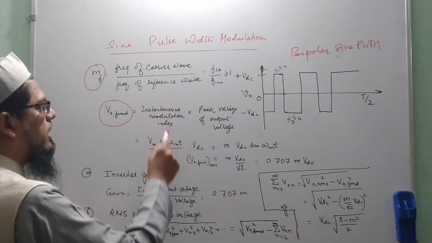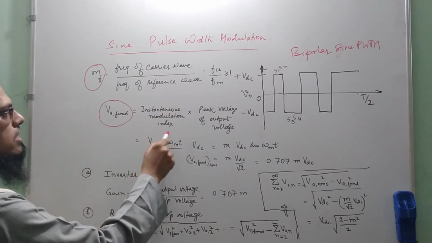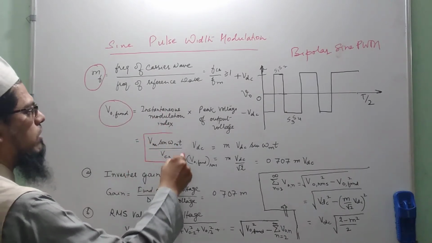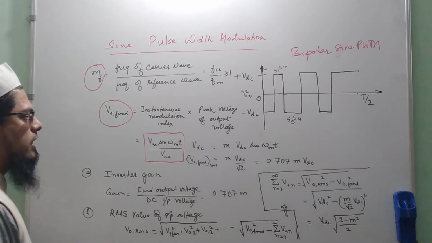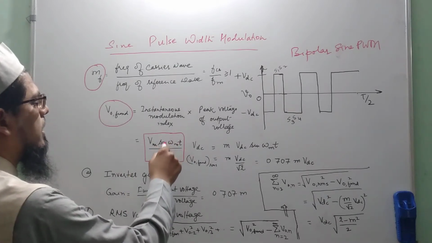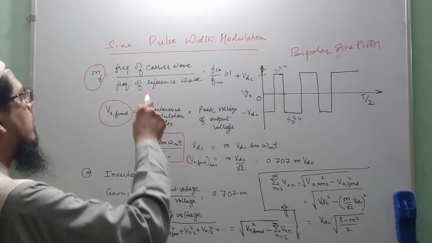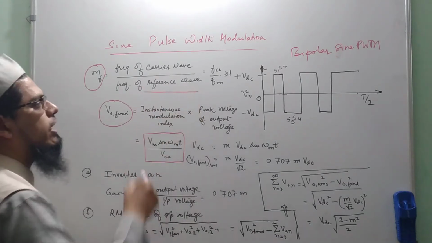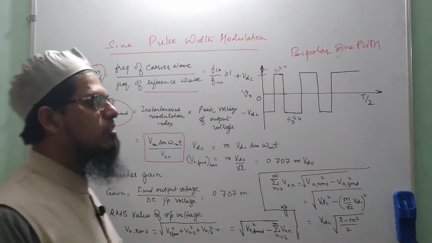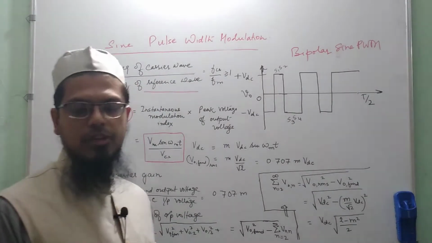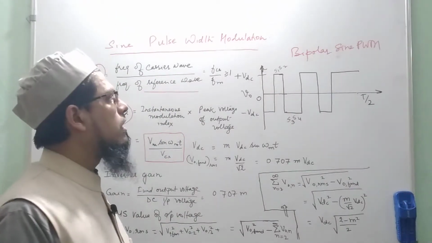Instantaneous modulation index is given by Vm sine omega mt. This is the angular frequency corresponding to the reference wave. I told you that the output voltage waveform has a frequency corresponding to the reference wave.